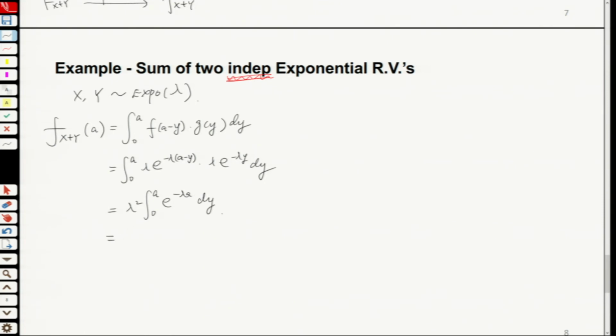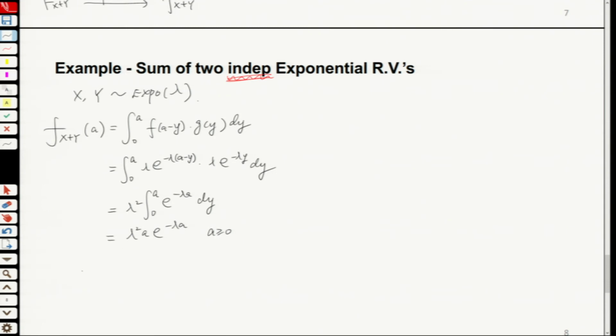But your integration is over y, so this will become lambda squared a e^(minus lambda a), for a greater than or equal to 0. Why a greater than or equal to 0? Because the exponential models time, and time is always positive. You cannot have negative time. If you count the time, it's either 0 or some positive time, like the failure time of a part.